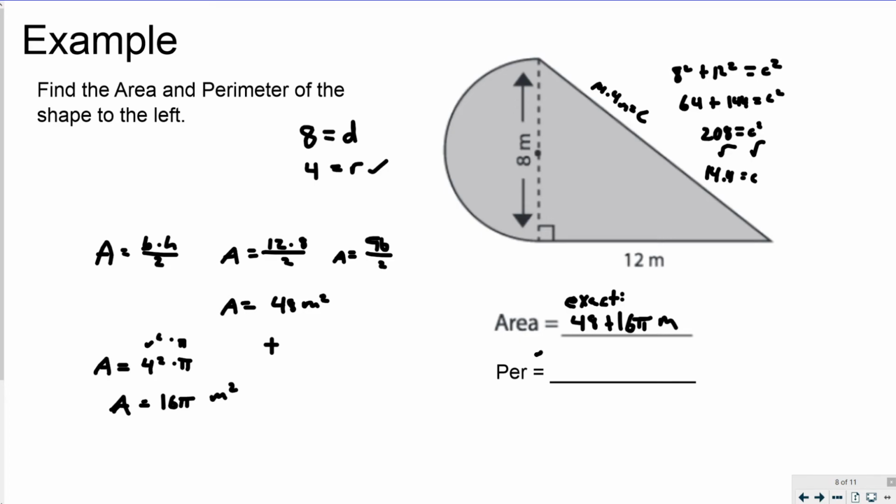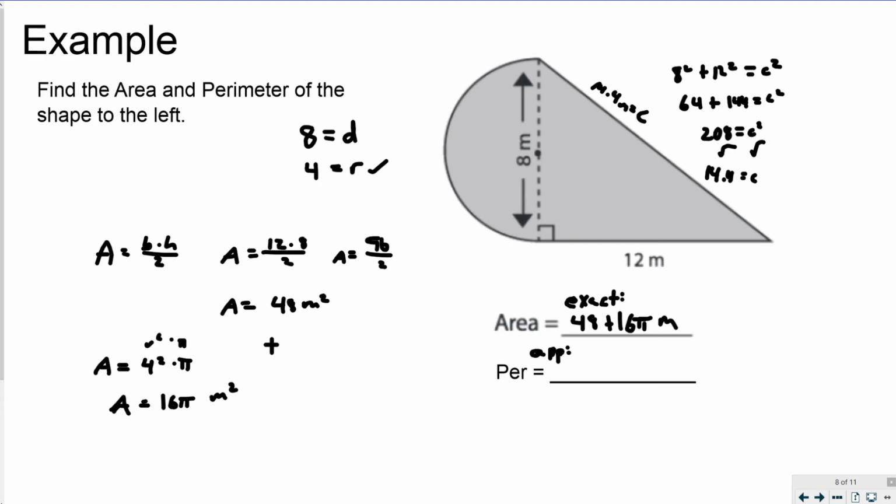If you wanted to write the approximate answer, so I'll write APP for approximate, what you would do is multiply 16 times pi, which will give you a decimal that you can approximate. You can then add that approximate decimal to the 48.